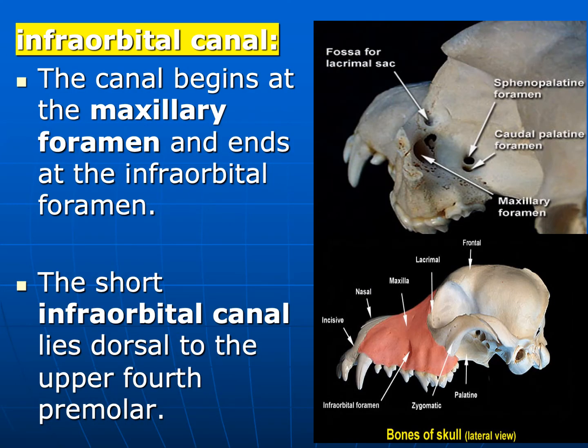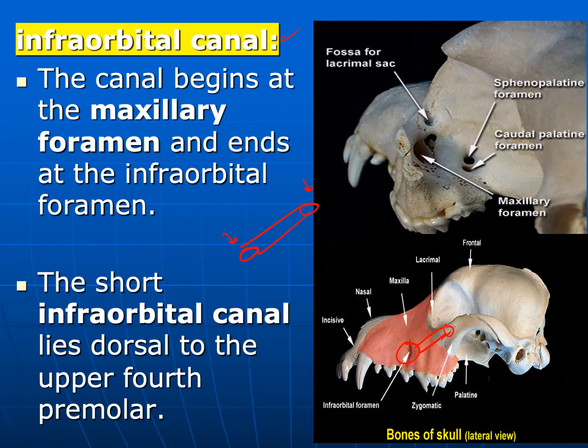We have the infraorbital foramen, and there is a canal that extends from this area toward the bony orbit. This canal is called the infraorbital canal. As a canal, it has an opening and an exit.